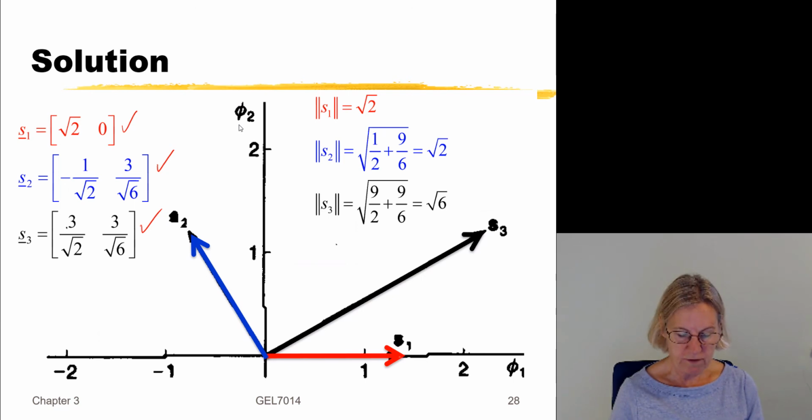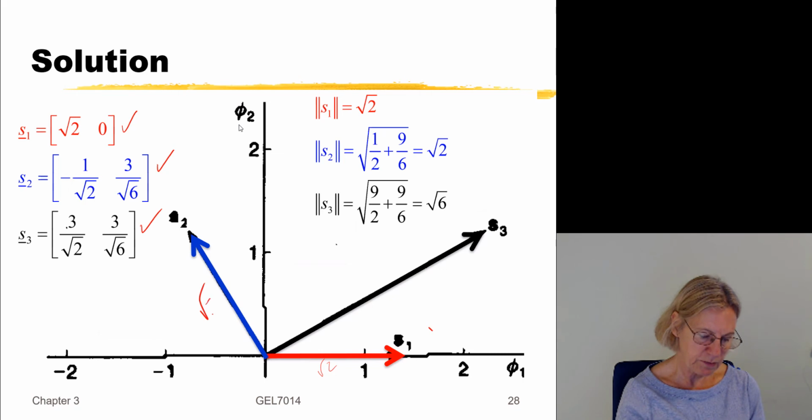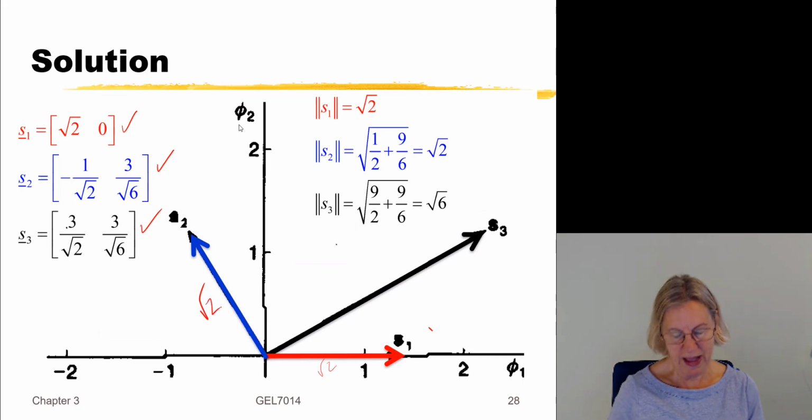So S1, of course, by construction lies along the first basis vector, and its length is the square root of 2. And if we look at S2, we have its coordinates as minus 1 over the square root of 2, and then 3 over the square root of 6. And the length of this is also square root of 2. Previously I said they were different lengths, but my eyes weren't good.